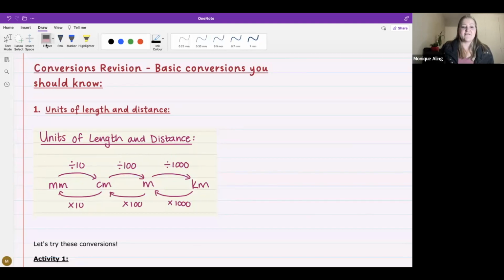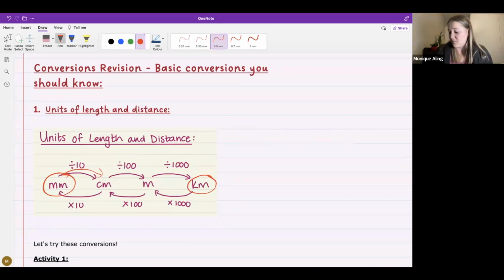Quickly, if I was going from millimeters to kilometers, I follow the arrows this way. Let's say I want to convert 12 million millimeters to kilometers. You can either say 12 million divide by 10, divide by 100, divide by 1,000, or you can just count the zeros.